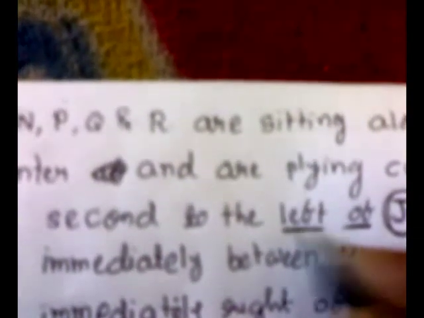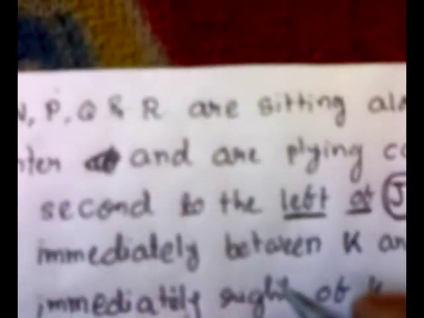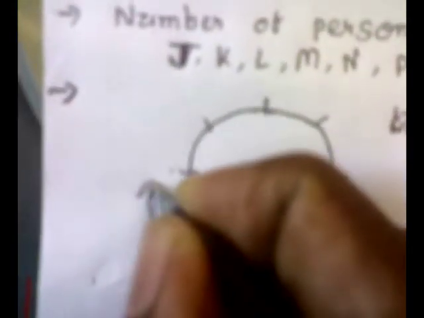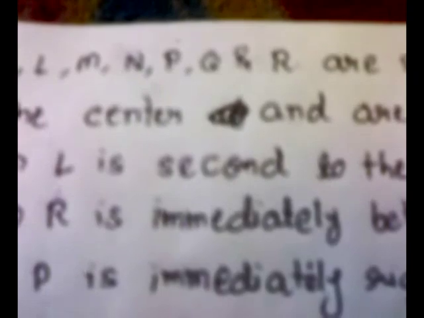Now the condition says L is second to the left. The word left comes here, so we will move in a clockwise direction from J, and at the second point, first and second, L will be here. Now the first condition is satisfied.